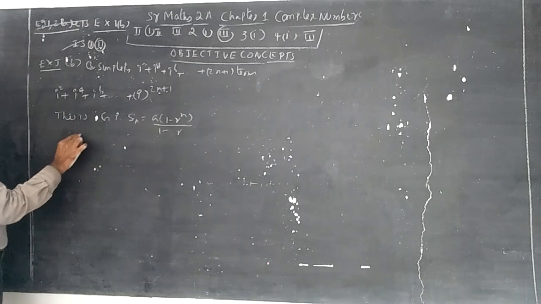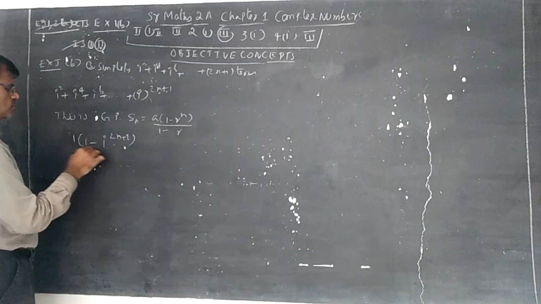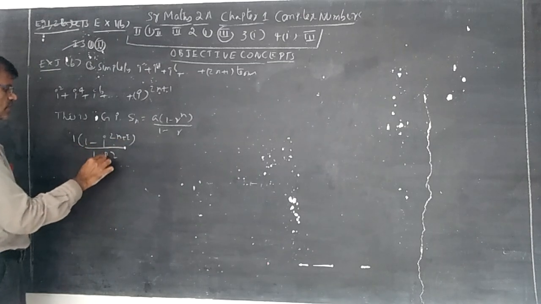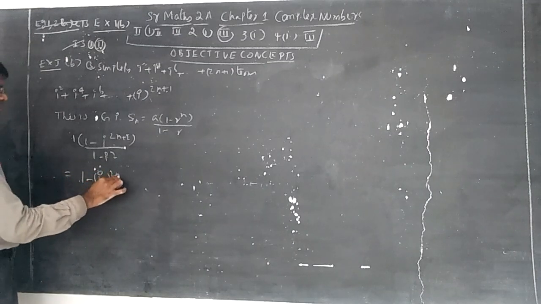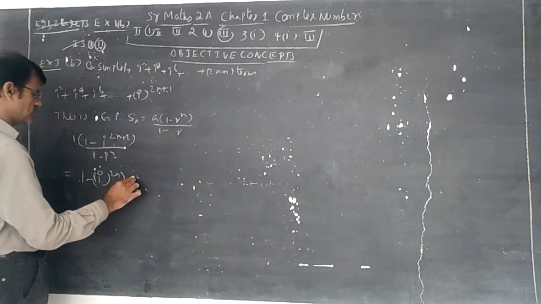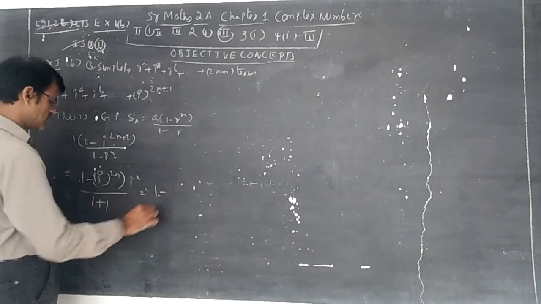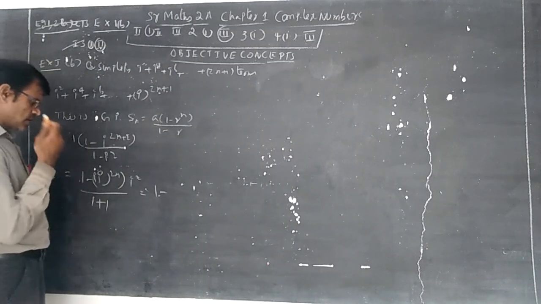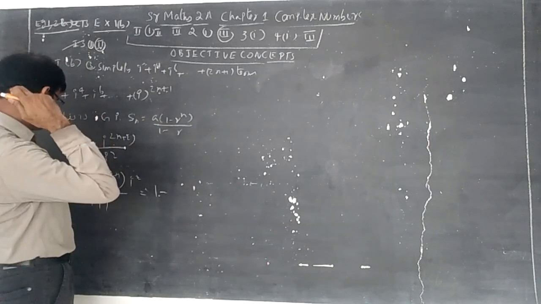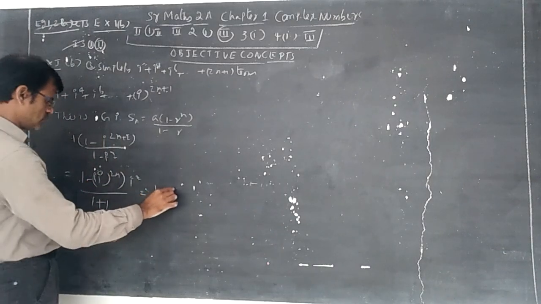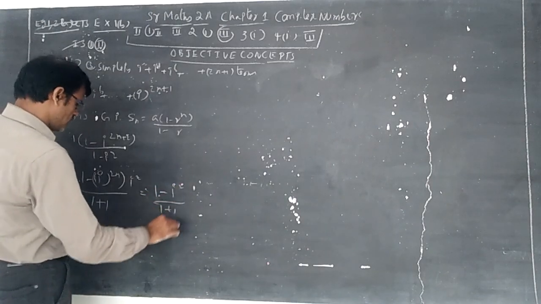So let us write 1 into (1 minus i power 2n plus 2) whole by (1 minus i square). That is equal to 1 minus (i square) whole power n by 1 plus 1, and i square means minus 1 whole power n.